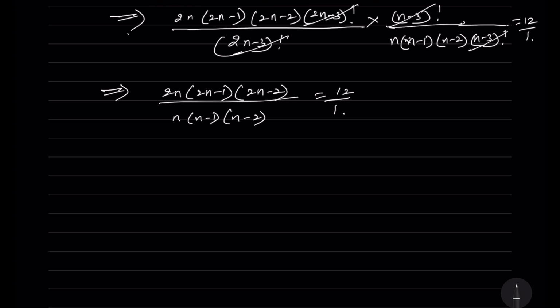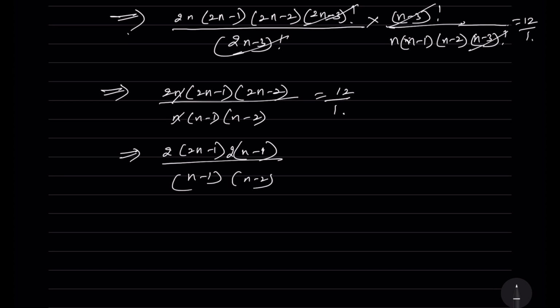Now here this n can be cancelled out. So here you can take out 2 into 2n minus 1, taking 2 common from 2n minus 2, isn't it? So you'll get n minus 1 in the bracket, divided by n minus 1 into n minus 2. Therefore this will get cancelled, which is equal to 12 by 1.